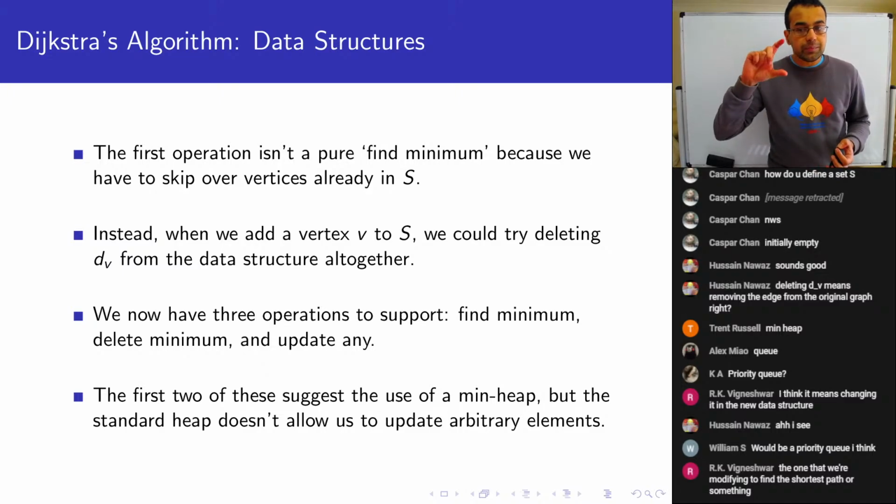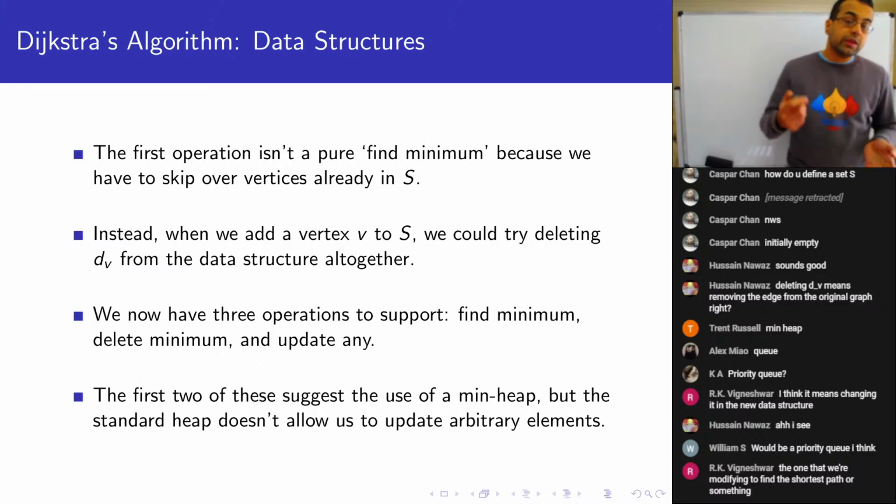Sure, you can update the minimum element by removing it and inserting something different, but when we go to update the d values, we're not always updating the minimum entry. We might be updating anything at any position down the heap. So we'll need to make some modifications to the heap that we've presented earlier in order to support arbitrary updates as well as the usual heap operations.